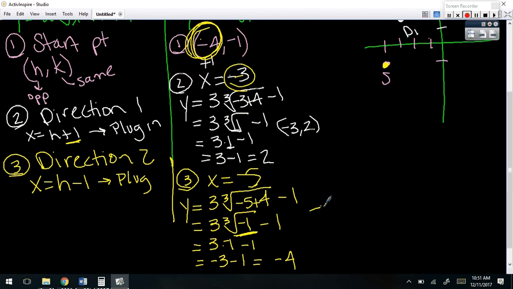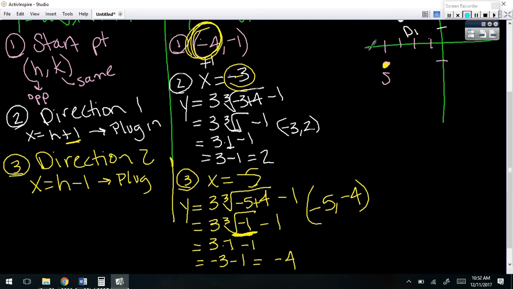So what are the coordinates of this point? If you can graph a square root, a cube root is just one more step there. Why does it say negative? Because what's the third root of negative 1? Negative 1. What's 3 times negative 1?